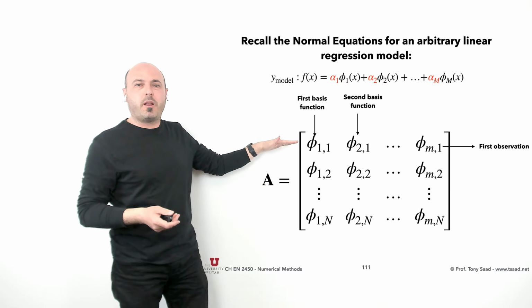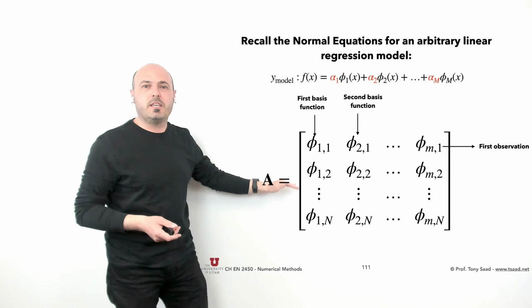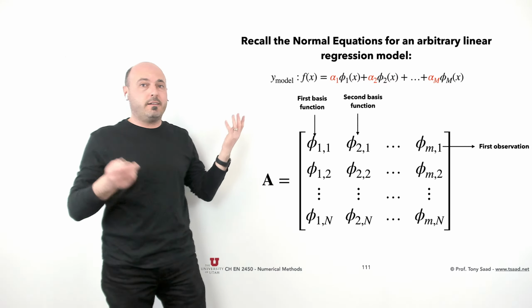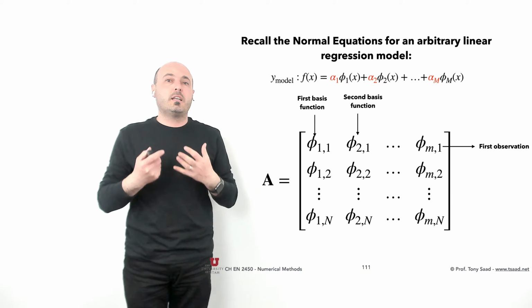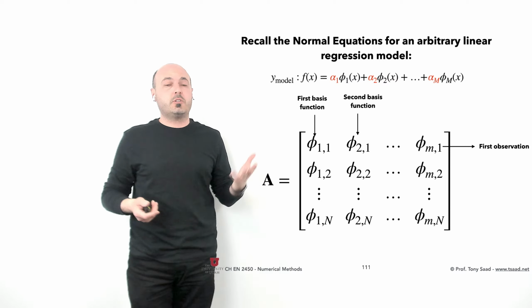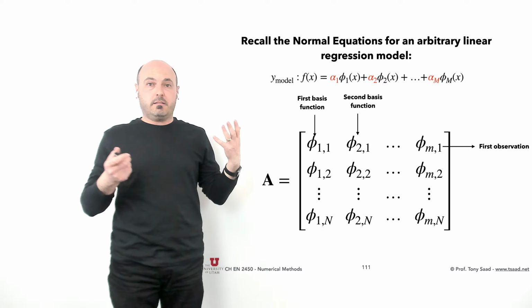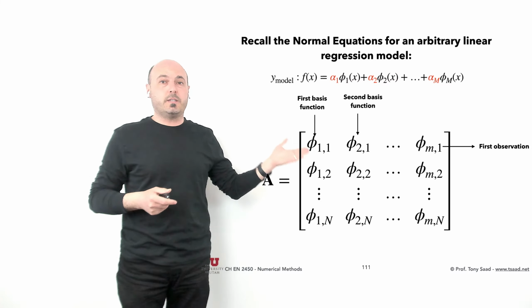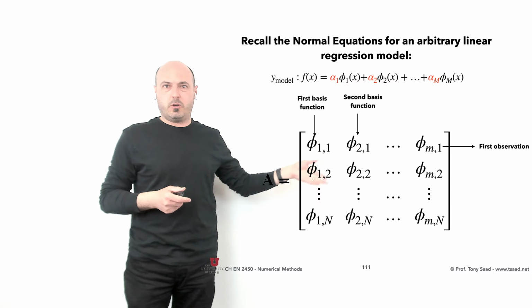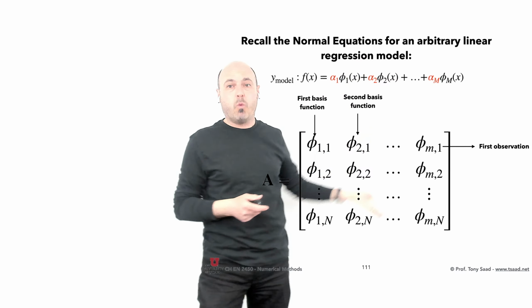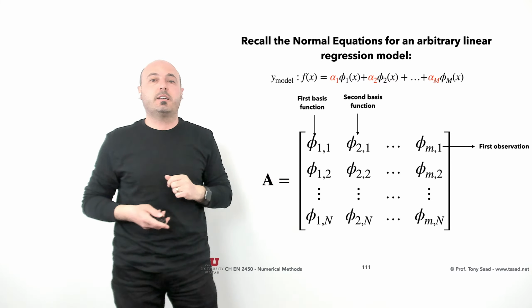So you just simply apply your basis functions on those xi values. And I claim that once you know A, then that's it. You have a governing system of equations, which is a linear system of equations in this case, for linear regression. And that system looks like A transpose A times the unknowns, we call that alpha, which contains the coefficients, equals A transpose times the yi vector, the right-hand side values.